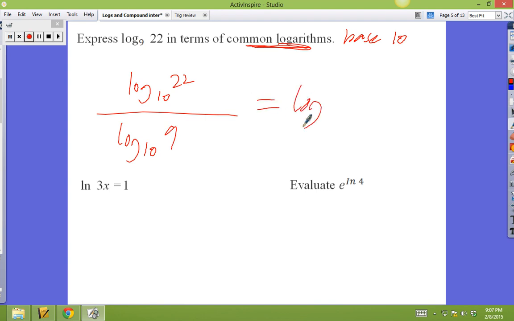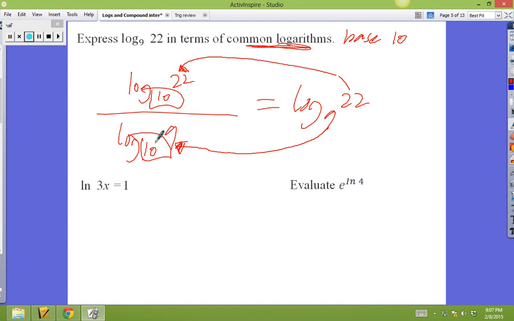And that is equal to log in base 9 of 22. So this works with any base. You take the 9, which was your old base, and that's going to be the denominator. Take what you're taking the log of, that becomes your numerator. And then you choose your own base. We chose 10 because that's what they wanted. They wanted the common log.